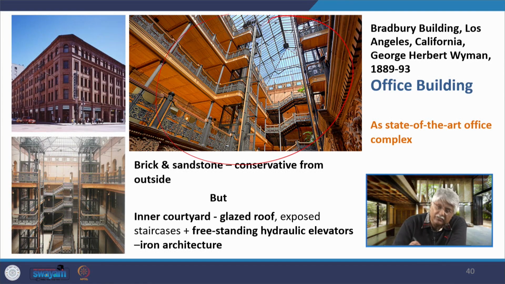It was using exposed iron in the structure, exposed iron in the balconies, exposed elevators that were running through the building, and the inner courtyard bringing in light from the top using exposed iron and having glass in it, pulling light into the atrium space, and freestanding hydraulic elevators were provided, and thus it was a very unique early example of complete iron architecture on the inside.